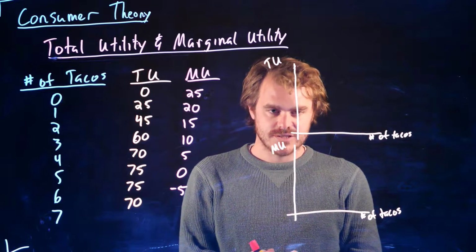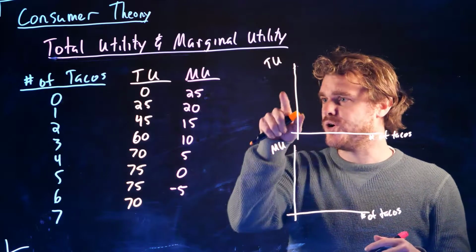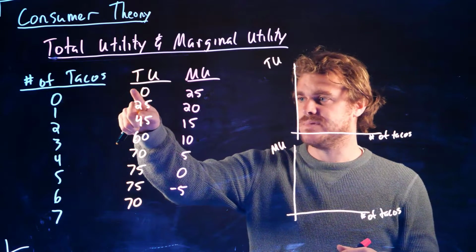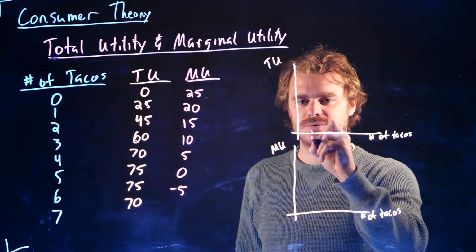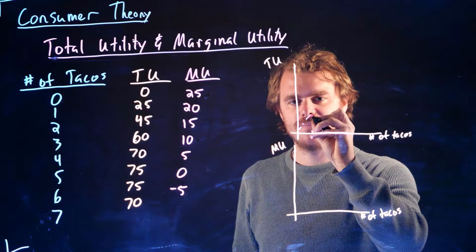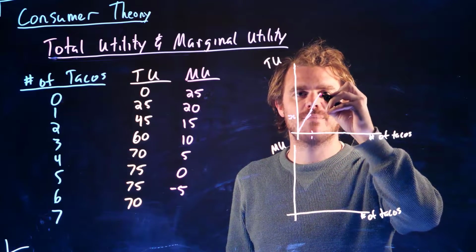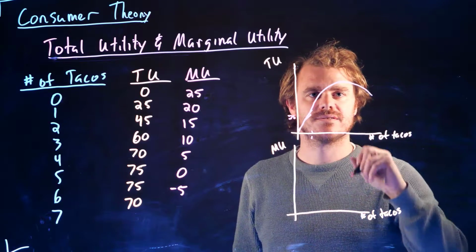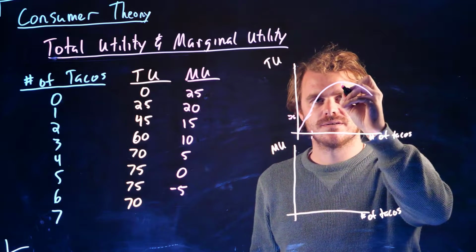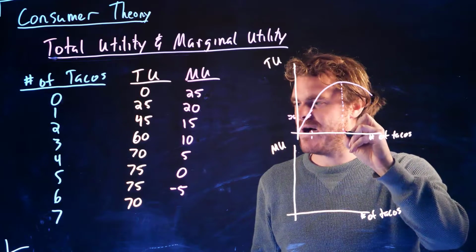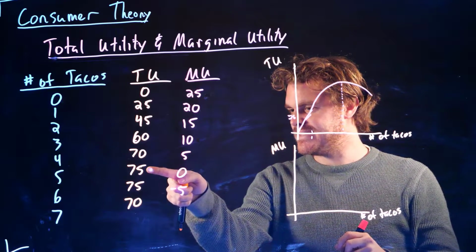In the total utility, we see it goes up from 0 to 25. If this was 1, it's going up to 25. And it's going to keep on going up, but at a decreasing rate, until it's maximized at, let's say, 75.